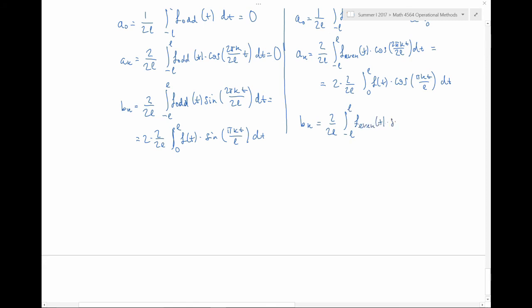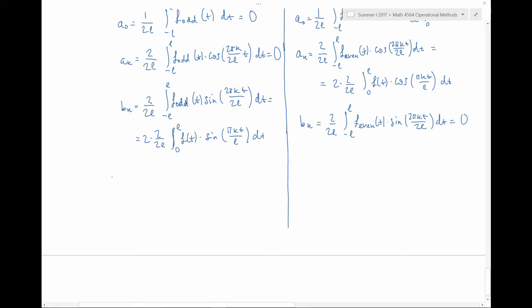Because the even function multiplied by sine 2 pi k t over 2L is going to be 0, because the even function times sine is an odd function and it integrates to 0.